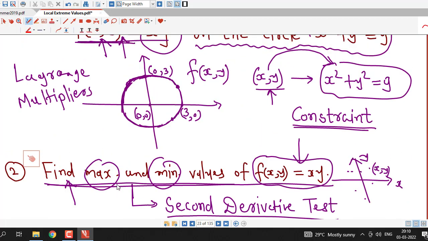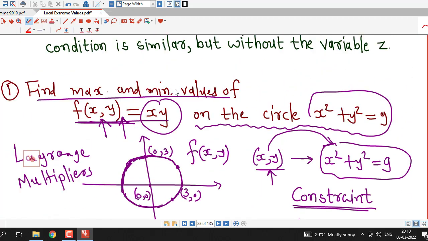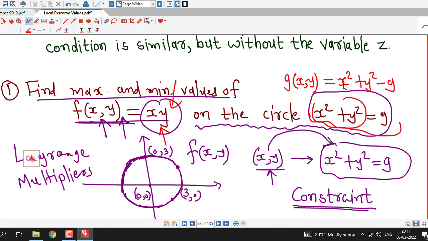For example, in this problem we are asked to find the maximum and minimum values of x into y, so this is our small f. The restriction on the points is x square plus y square equal to 9, so we consider g(x,y) equal to x square plus y square minus 9, or we can ignore the constant and simply write g(x,y) equal to x square plus y square.